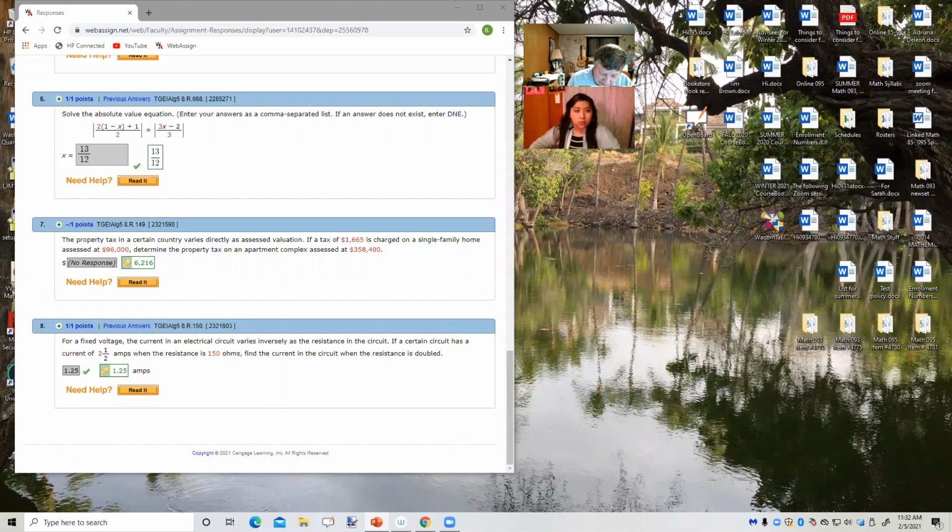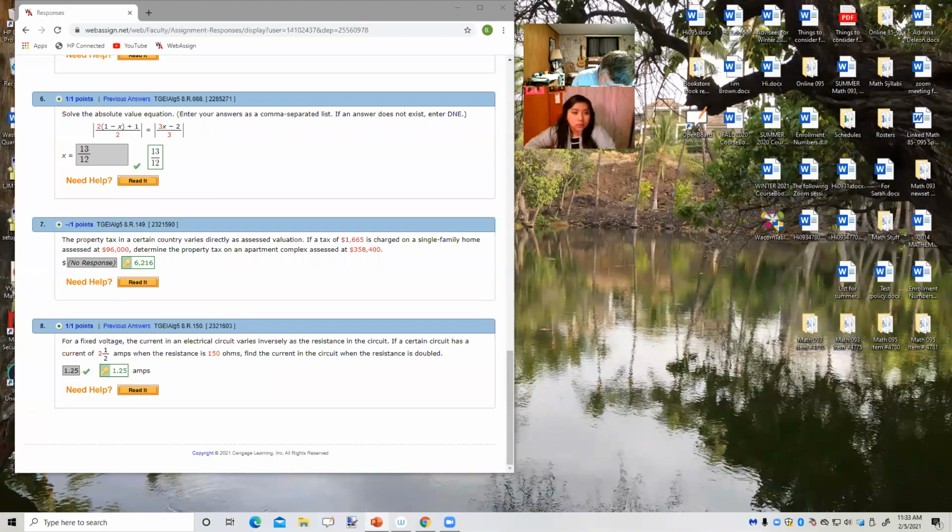It says a property tax in a certain county varies directly as assessed valuation. So how about if we let P equal property tax and A will equal assessed valuation. It says property tax varies directly as assessed valuation.